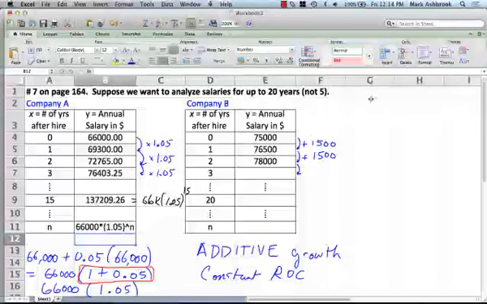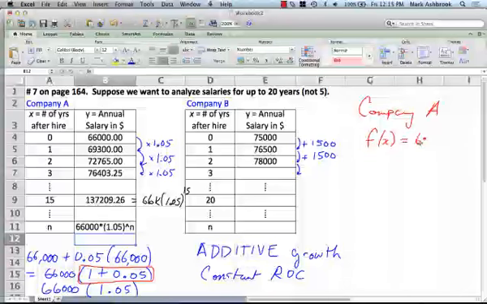So if we had f of x, we're going to take company A and make it into a function. X is the number of years after hire.